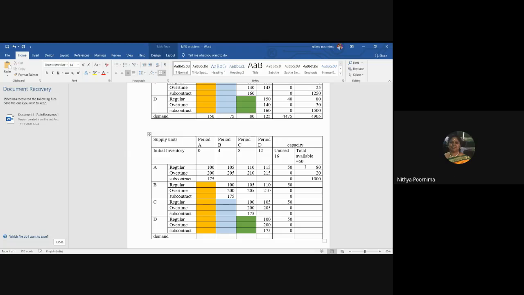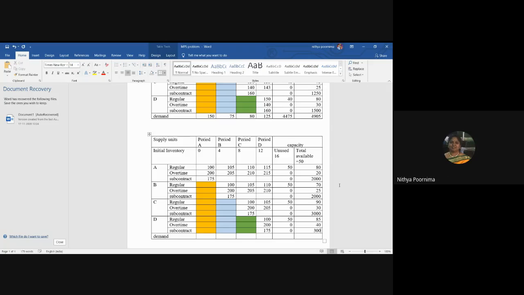Then for period B, 70, 25, then 2000. Then for period C, 90, then 30, then 3000. We are taking these values from the table. Okay. 85, 40, then 3000.